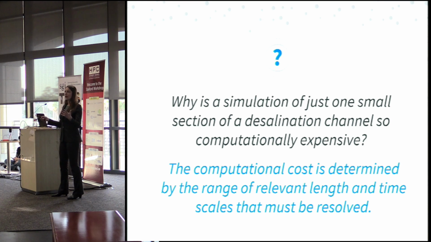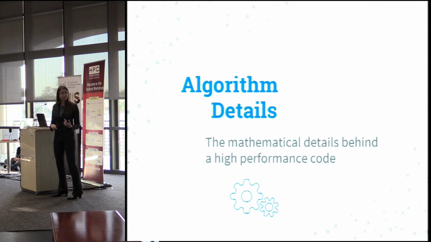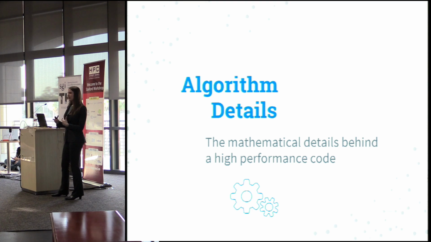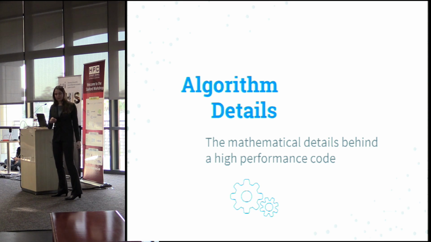Because it's true that we have these big supercomputers. We can ask for more resources. We can probably get them. But if we can't scale up our codes, or if we can scale up our codes but we're needlessly wasting resources, we're just not being clever about the way that we're utilizing the resources that we do have.